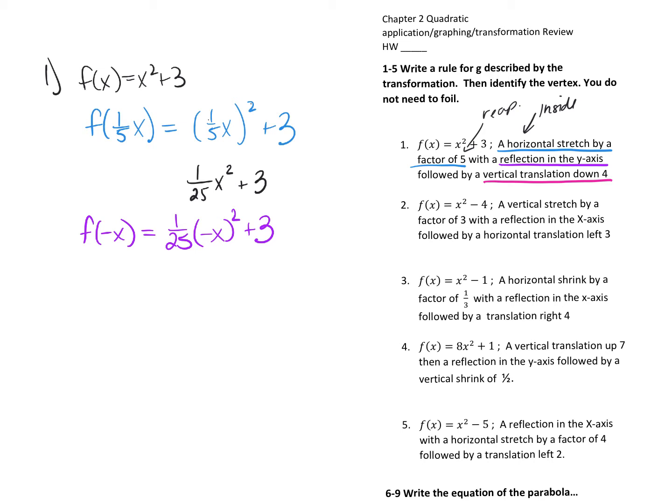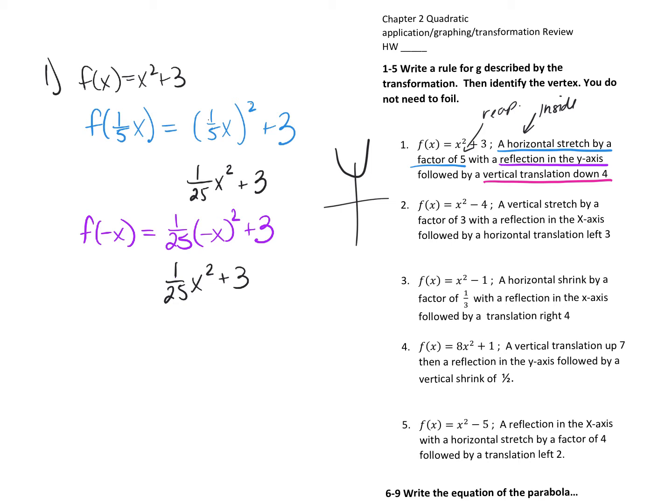Negative x squared is negative x times negative x, which becomes a positive x squared. And I end up with 1/25 x squared plus 3. It's centered right now on the axis. It's actually positive 3. And so if I rotate it around the y-axis, it's not going to look any different.